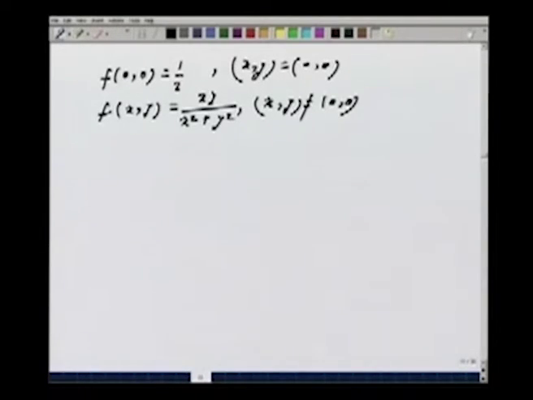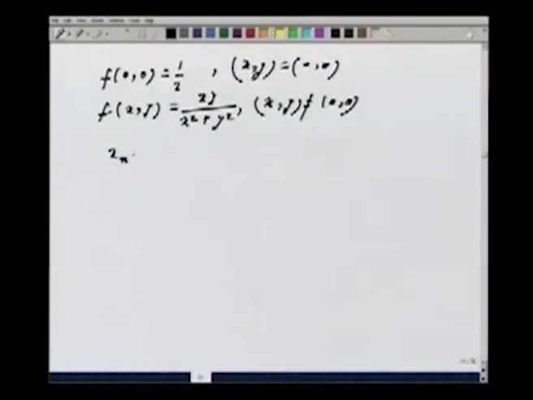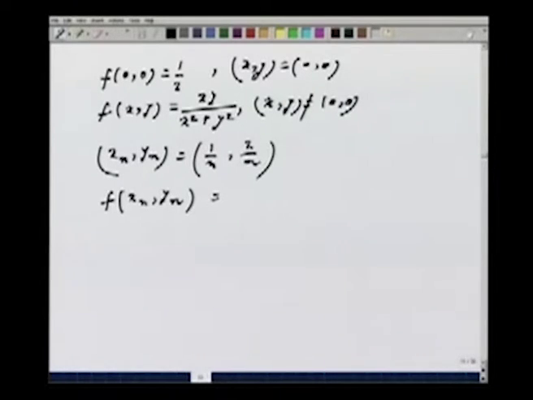Well, in this case, I can try to approach 0, 0 through another path. For example, I choose this sequence xn, yn equal to, let us say, 1 by n, 2 by n. Then what is f of xn, yn? That is 2 by n square divided by 5 by n square, which is 2 by 5.